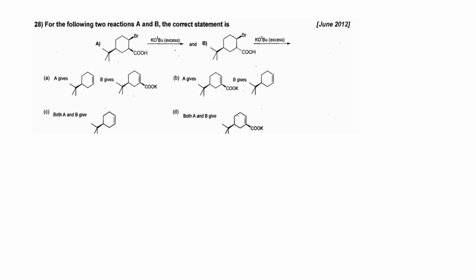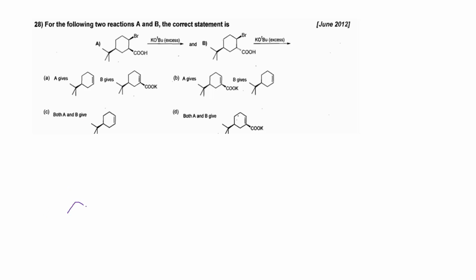For the following two reactions A and B, the correct statement is: there are two reactions A and B. From A what will be the product and from B what will be the product? You have to determine that. We have talked about the E2 elimination reaction, and for E2 you need an anti-periplanar arrangement.